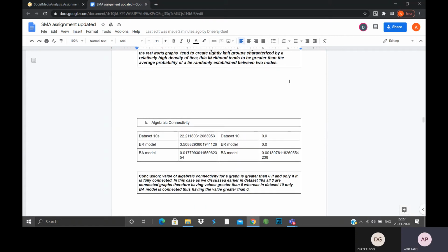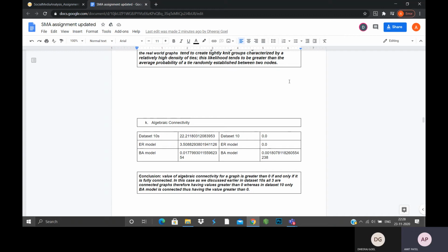Later, algebraic connectivity. The value of algebraic connectivity for a graph is greater than 0 if and only if it is fully connected. So our data set 10 is not fully connected, so we can say it has zero value. The ER model is also, as you know, not fully connected, so it must have zero value in this case.